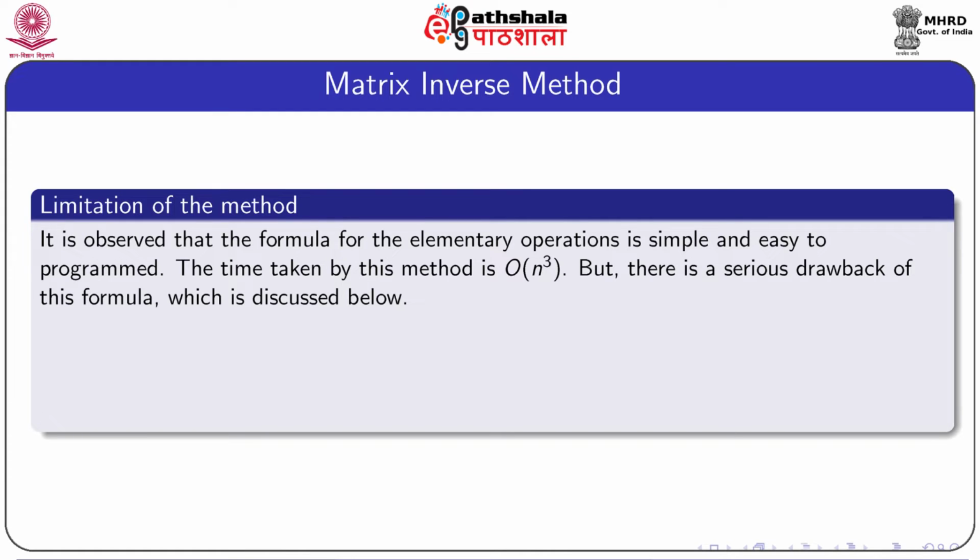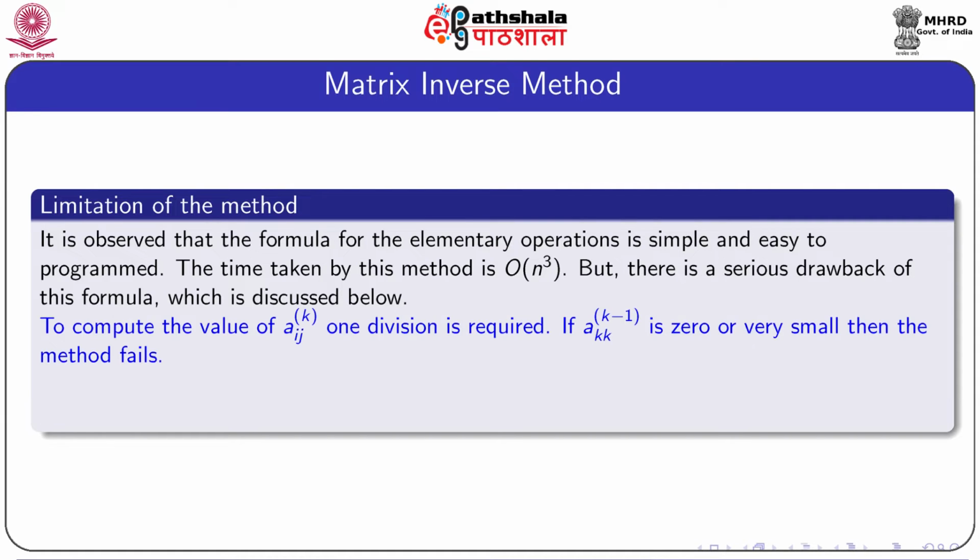It is observed that the formula for elementary row operation is simple and easy to program. This is the advantage of this method. Another observation is that the time complexity of this method is order of n cubed, where n is the size of the determinant. The major drawback is that to compute the value of a_ij at the kth iteration, one division is required.